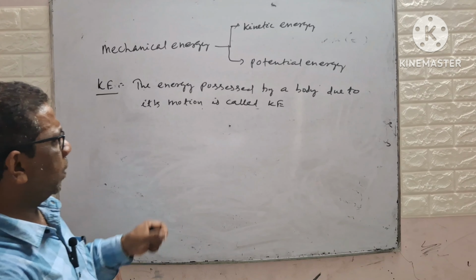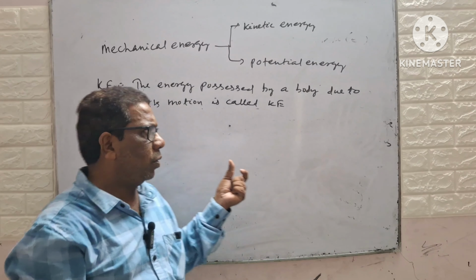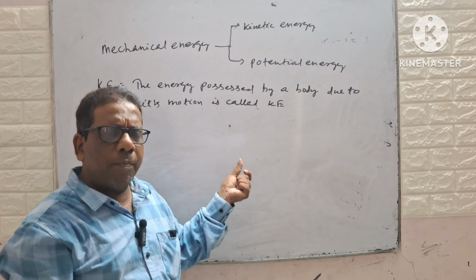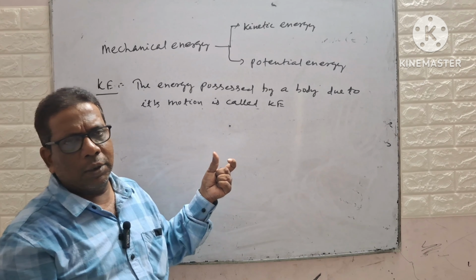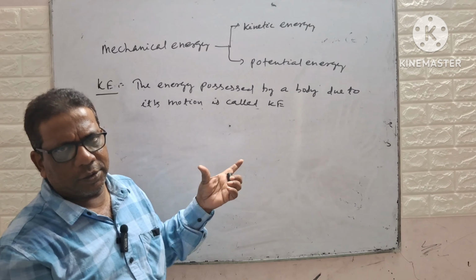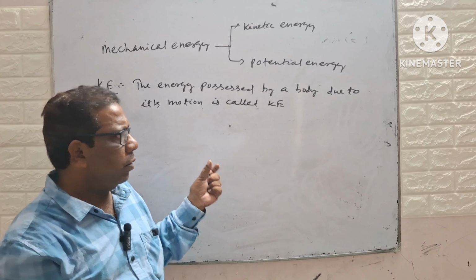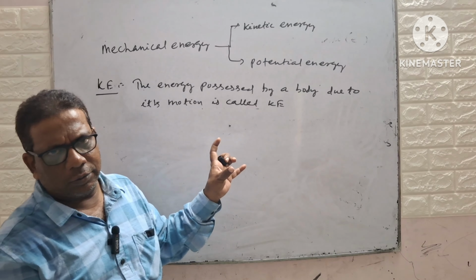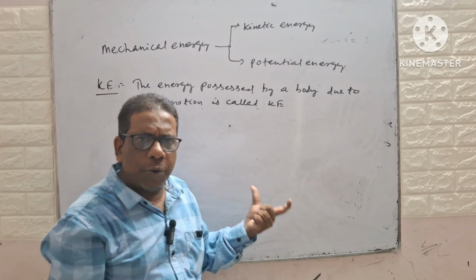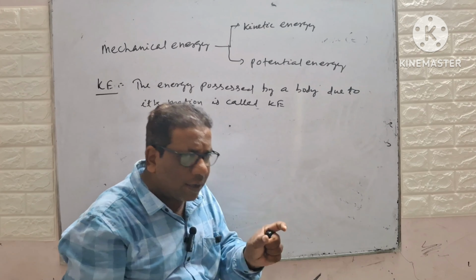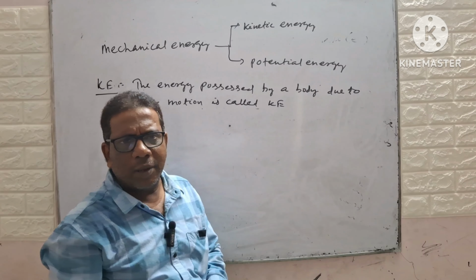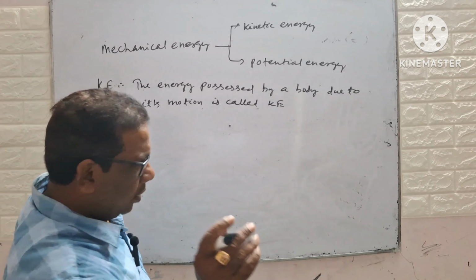That means when a body is in motion, the work done by the moving body is the kinetic energy. If we calculate the work done by the body during its motion, that is the kinetic energy.